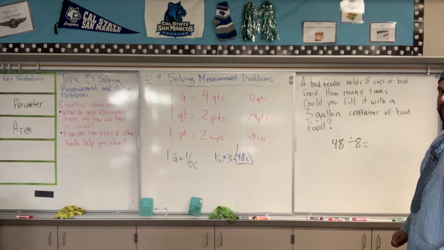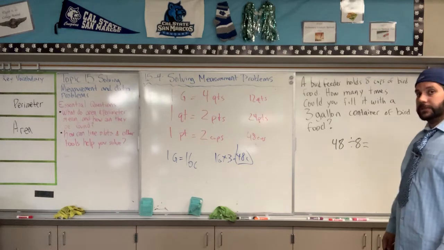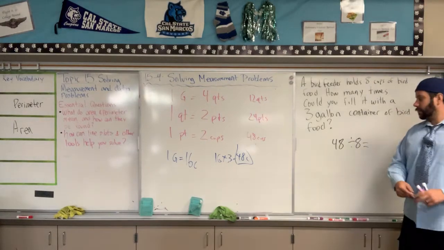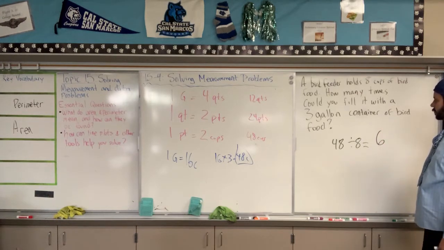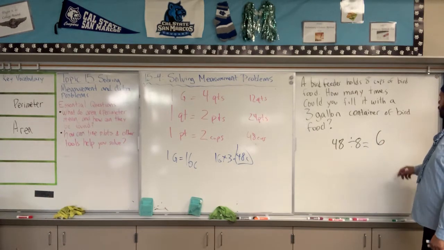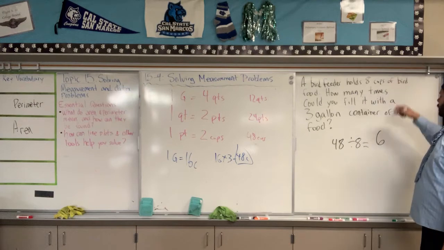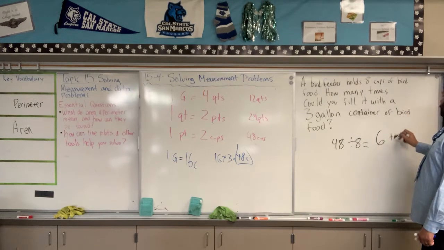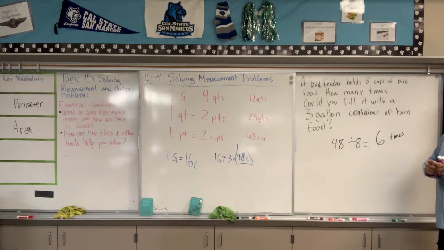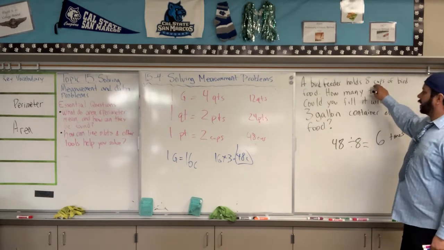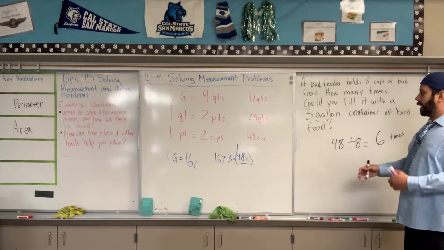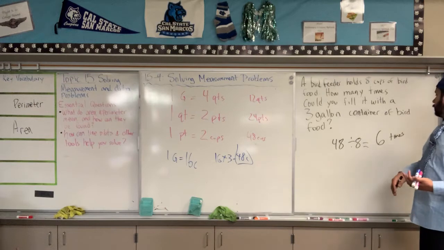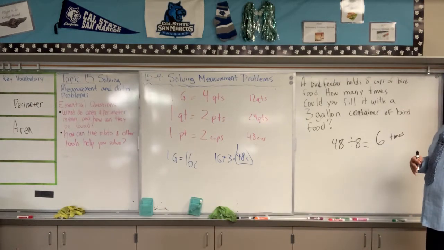If you don't know your math facts, you better make your own multiplication chart so that you know this. But 6. So that means we could fill this bird feeder 6 times. And that makes sense, because 8 cups is half a gallon, and so you could fit 6 half gallons into 3 gallons.